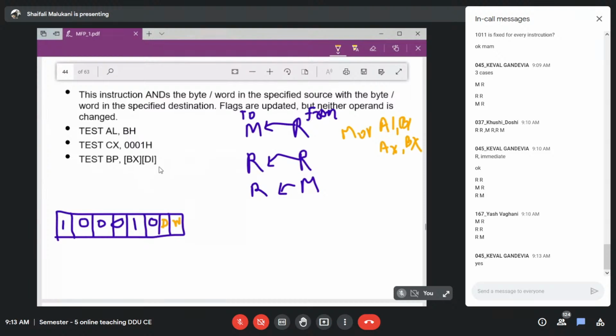You are transferring data to memory or from memory, 8-bit data or 16-bit. So this W is the same as the previous case. Is it a word? No, it is not a word, that means it is 8-bit. And a word is a 16-bit data. So this is W. I think everyone must be clear with this, right?